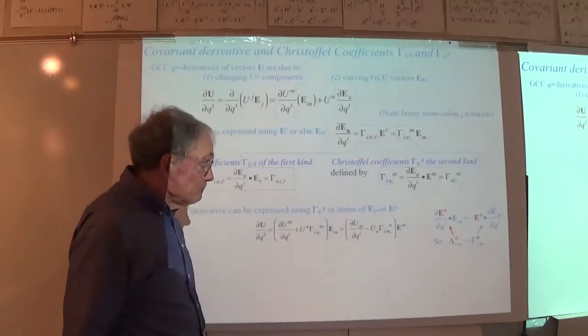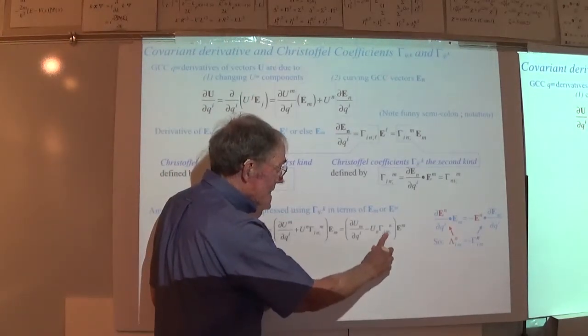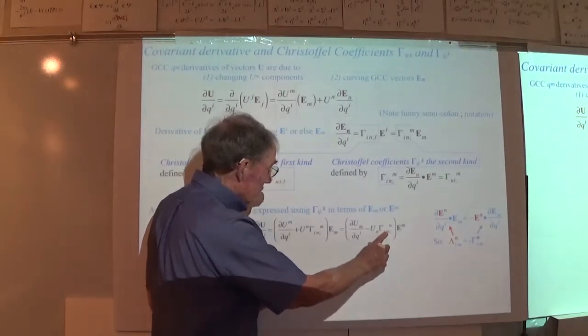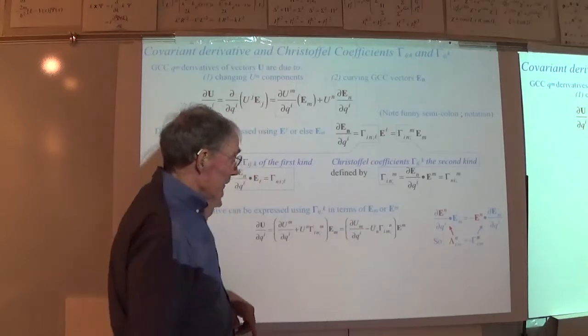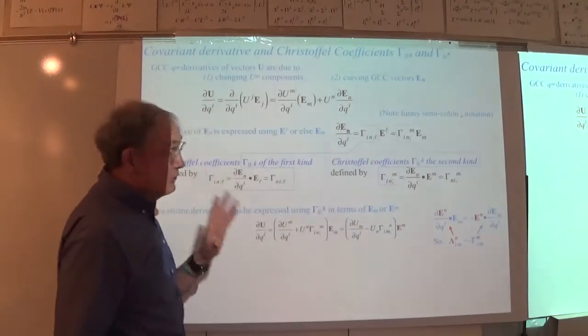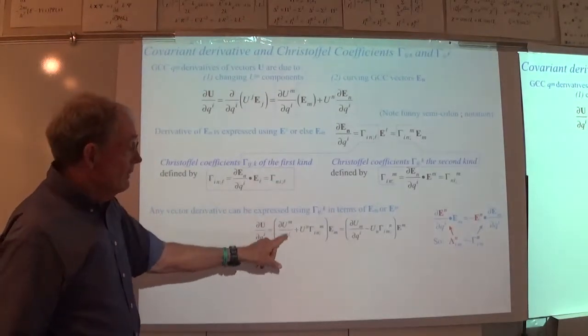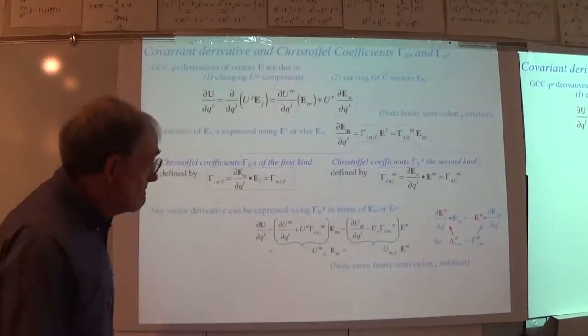And that, you see, has the sum here in the downstairs of the Christoffel coefficient, whereas here it's in the upstairs part of it. Okay, so that minus sign is what you'll see more often than this one in the literature, most of the literature.